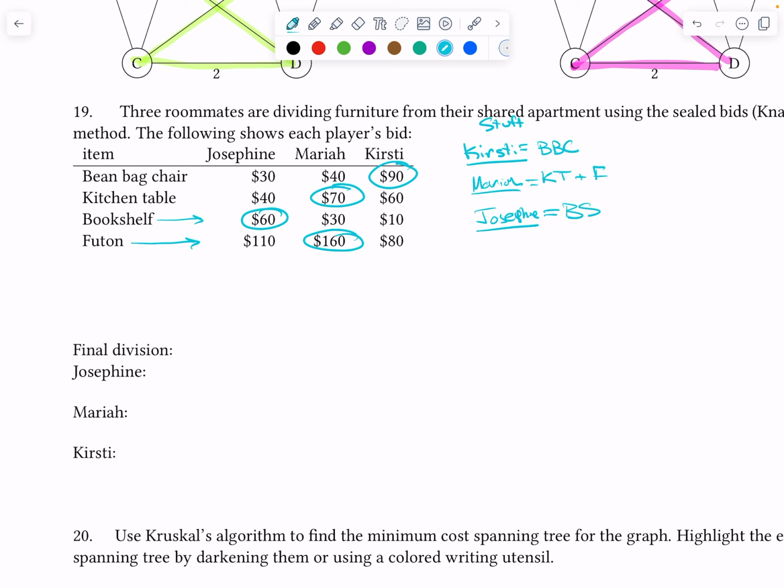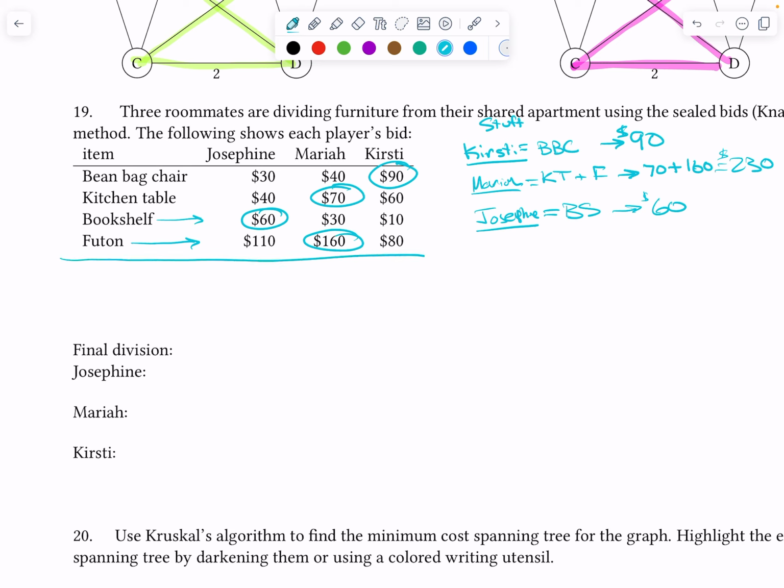So that's the stuff, and this is worth $90 to Kirsty. This stuff is worth $70 plus $160, which is $230 to Mariah, and then this is worth $60. So that's the stuff. Now, what about a fair share?